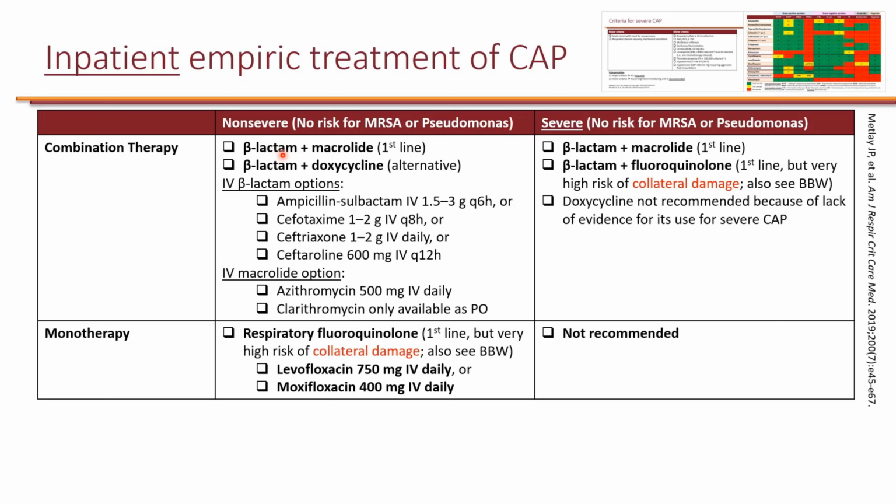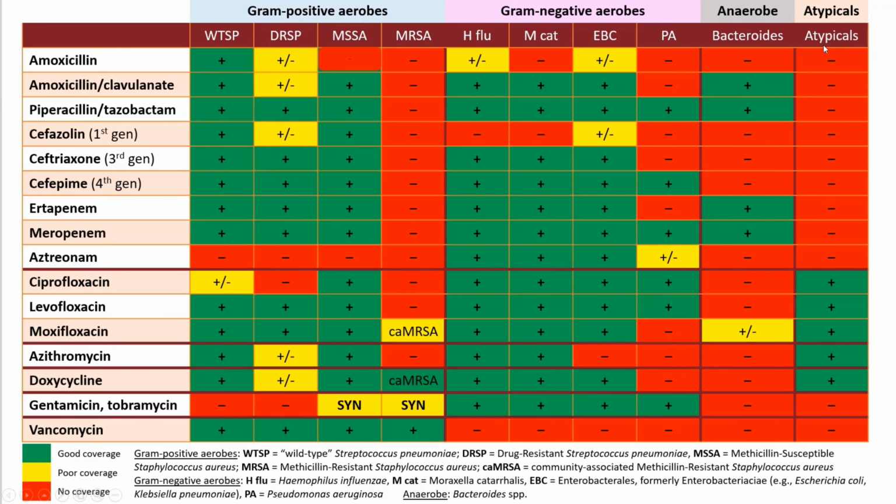And because of the mortality benefit in inpatient patients, we use a combination. So monotherapy with beta-lactam is no longer an option if someone is hospitalized. We want to basically combine it with either a macrolide or doxycycline. And the reason is that, probably the underlying cause is that beta-lactams don't have activity against atypical agents.